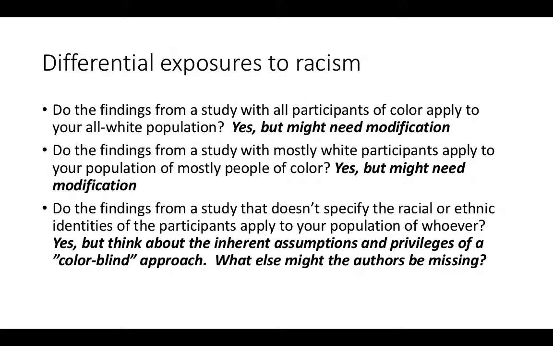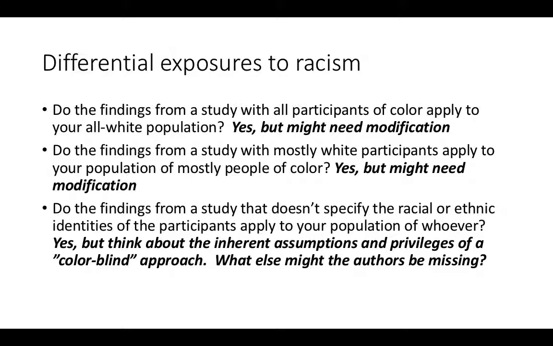When we take a colorblind approach, we're ignoring both the strengths and the beautiful things about people's identities, and that's a problem. And we're also ignoring the differential exposures to racism. We're ignoring really ingrained systems, systems that have really been built into our society from the very beginning. And so that means we're missing a lot of the context in a colorblind approach.